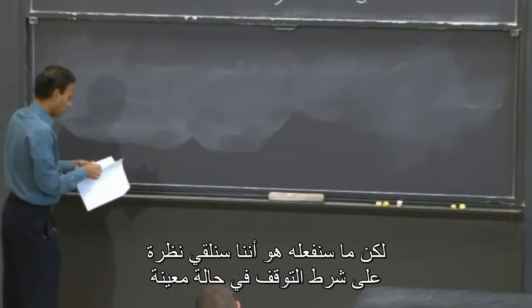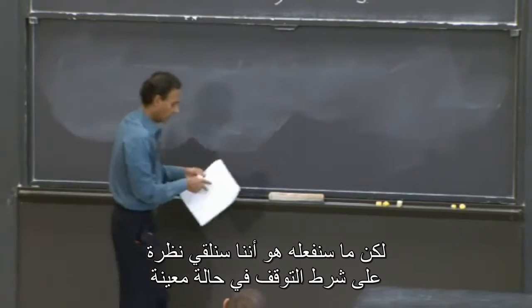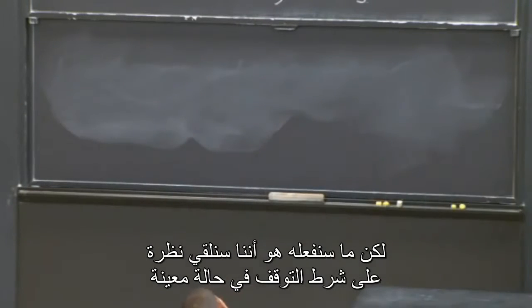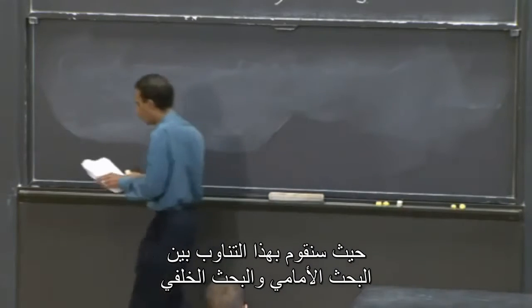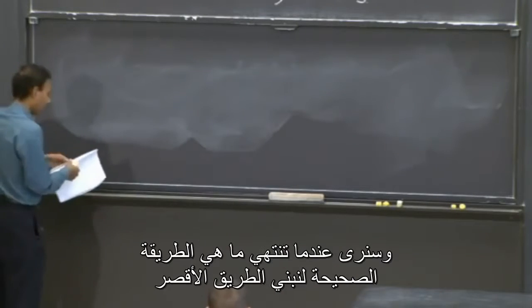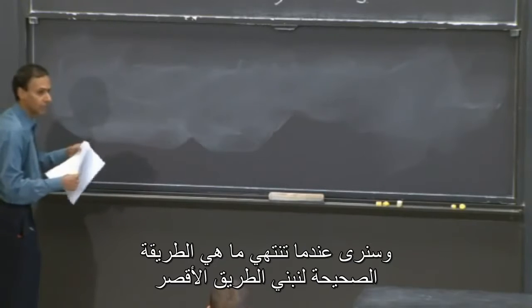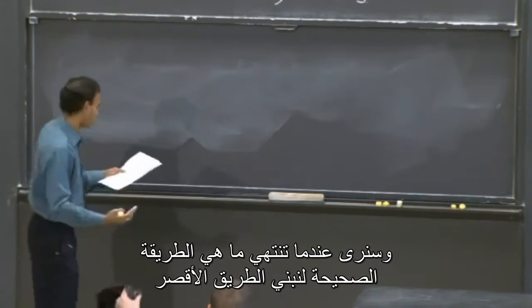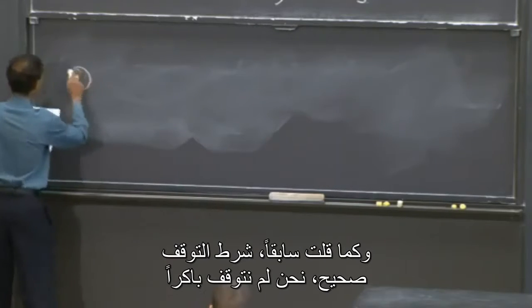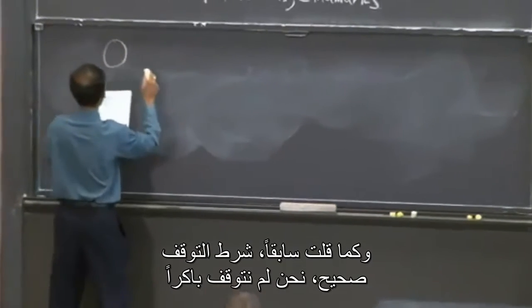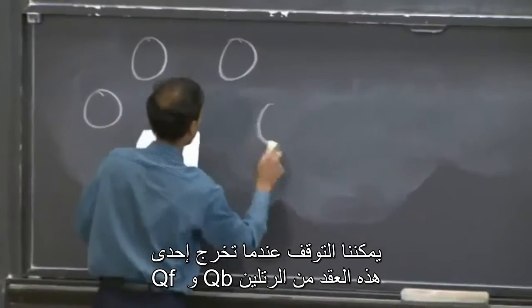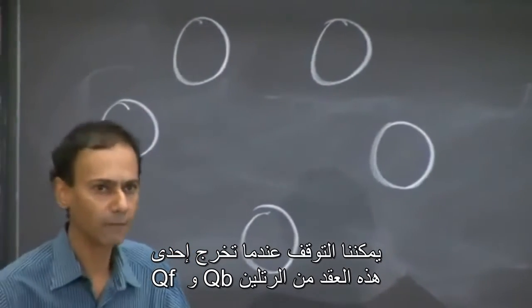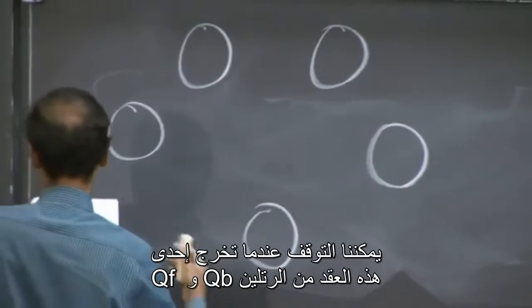What we're going to do is look at the termination condition in a specific case where we alternate forward and backward search, and see when it terminates and what the correct way is to construct the shortest path. As I said before, the termination condition is correct. It's not like we stopped too early. When one of those nodes gets off from QF and QB, you get to stop.